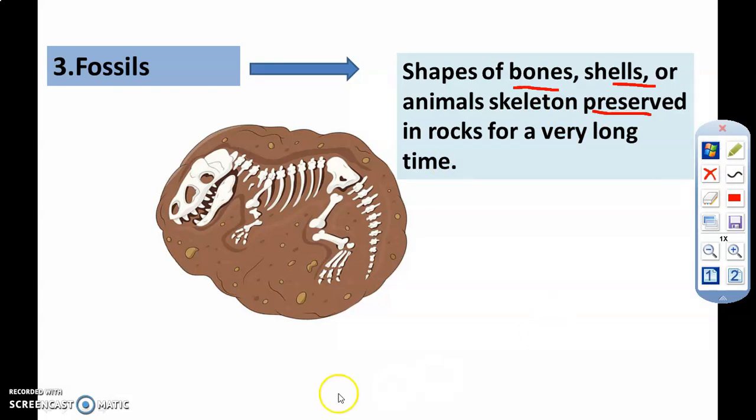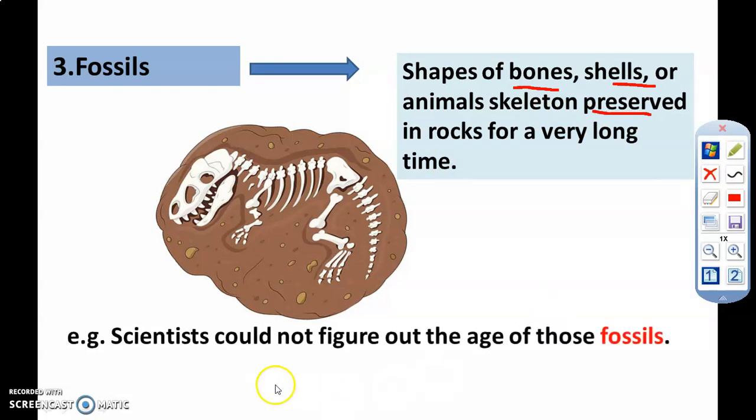For example, scientists could not figure out the age of those fossils. Means they could not know their age. Okay, so this is the third word. Let's move to the fourth word.